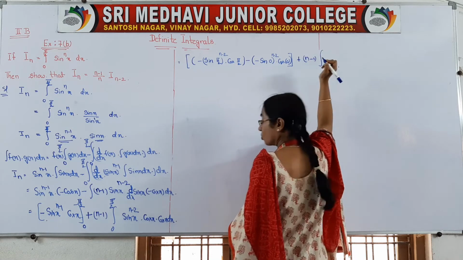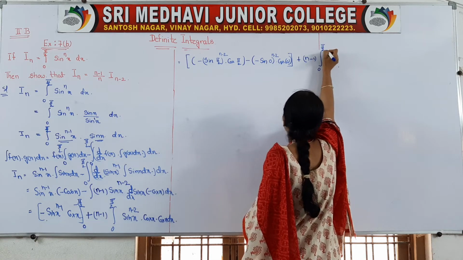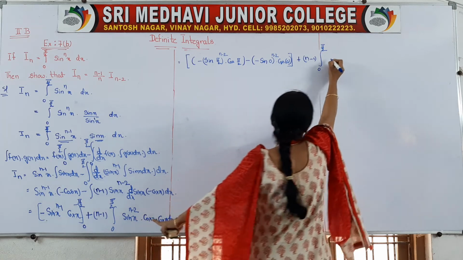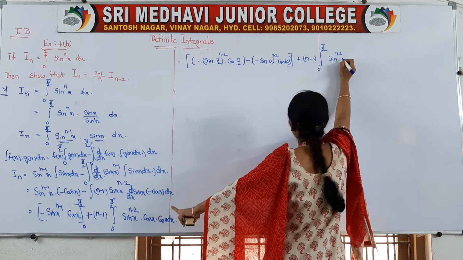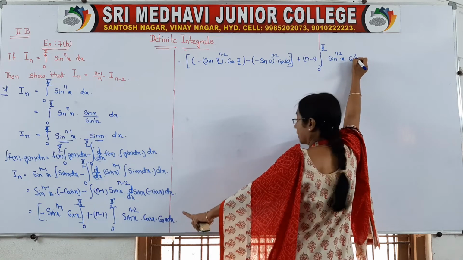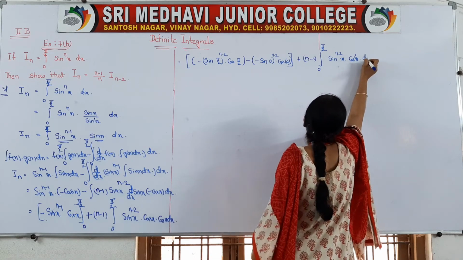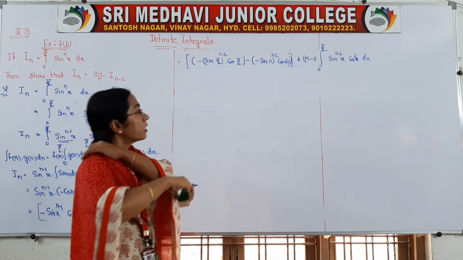It comes outside of the integral 0 to pi by 2, and sin of n minus 2x into cos x, cos square x into dx. For each integral, dx will be there.